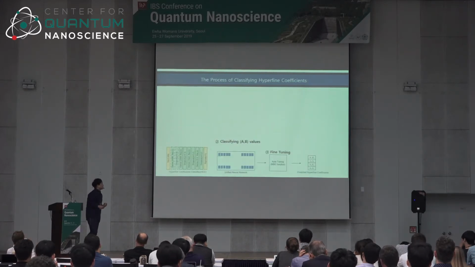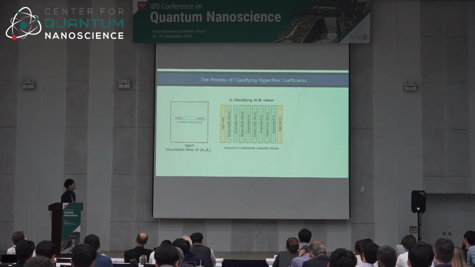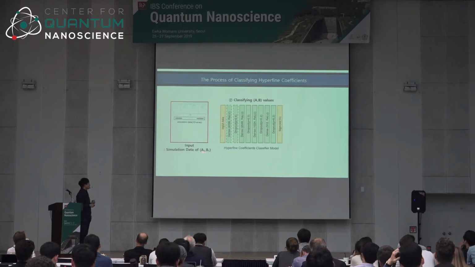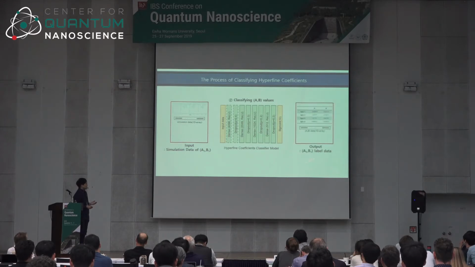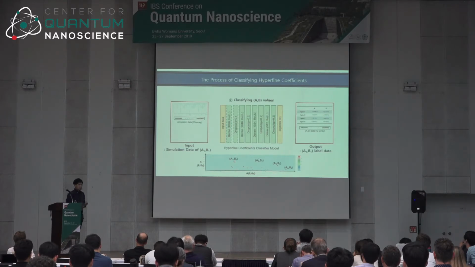For the next part, classifying A values, we also used simulation data with A1, B1. This is the target we want, and the output is the A1, B1 label data. So we trained this model, and we get this kind of heat map.